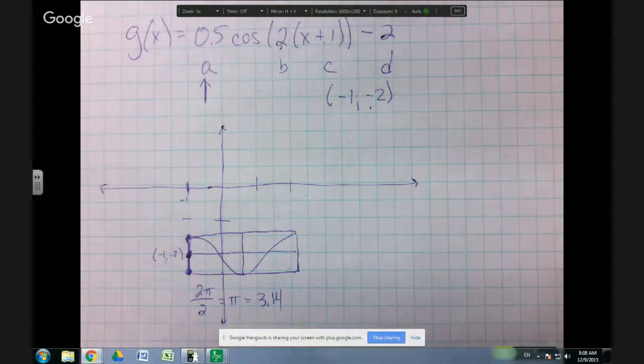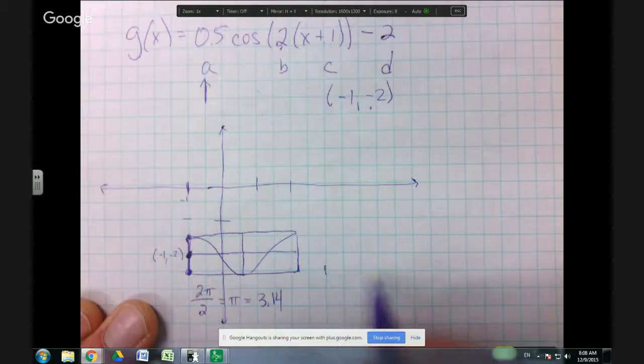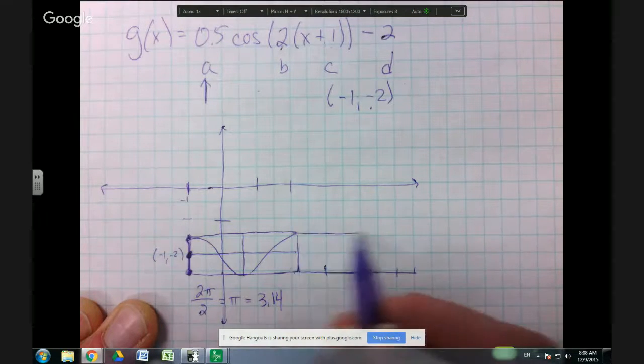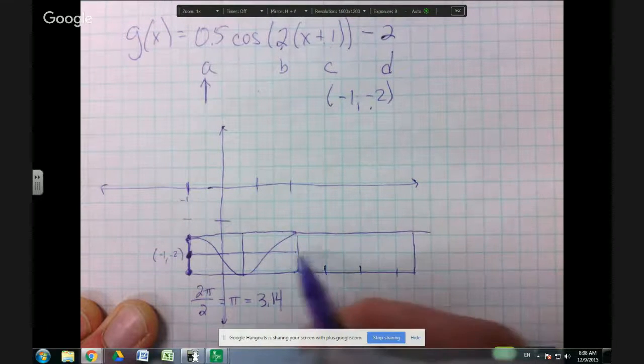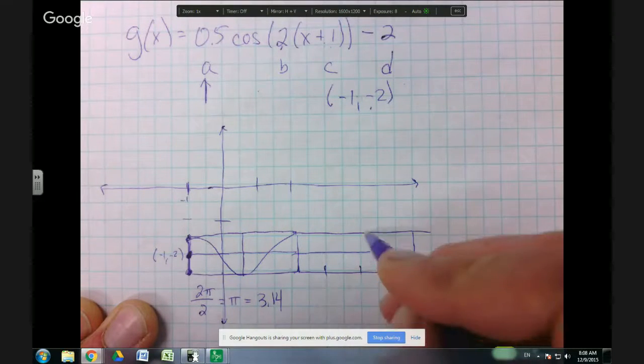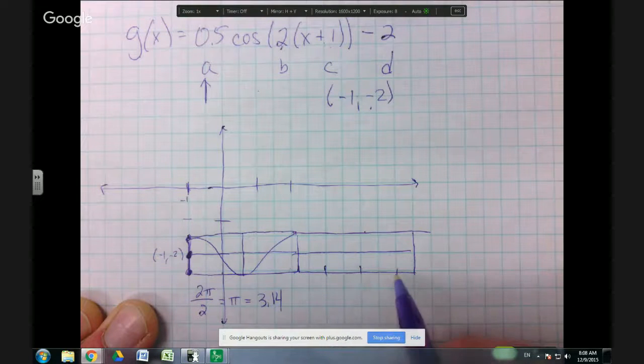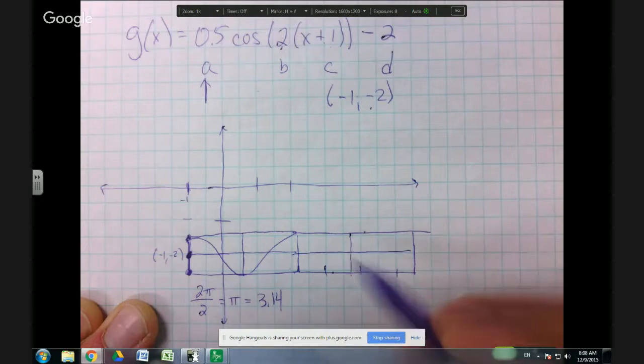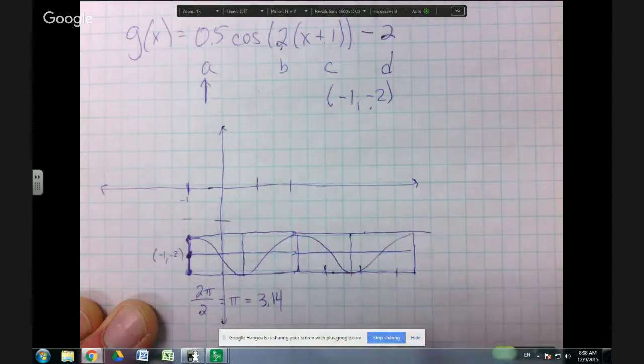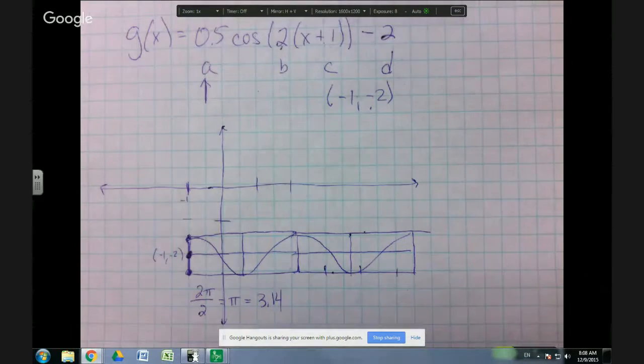Any questions? Okay, if you want, you can repeat, right, you can just continue on because that function will continue on, but you can just place a window if you want to repeat it.